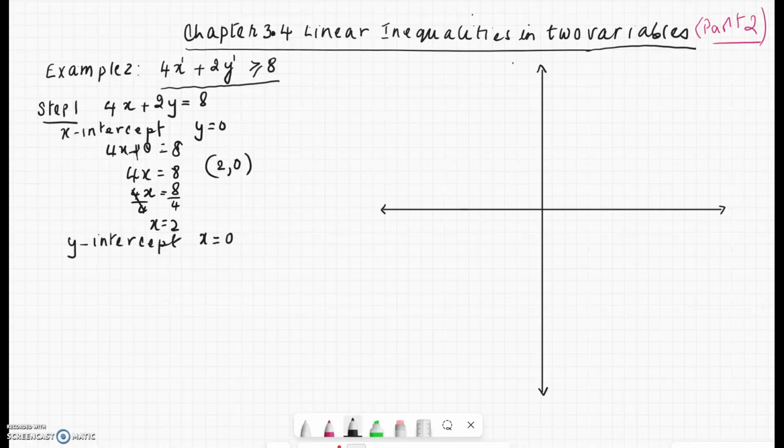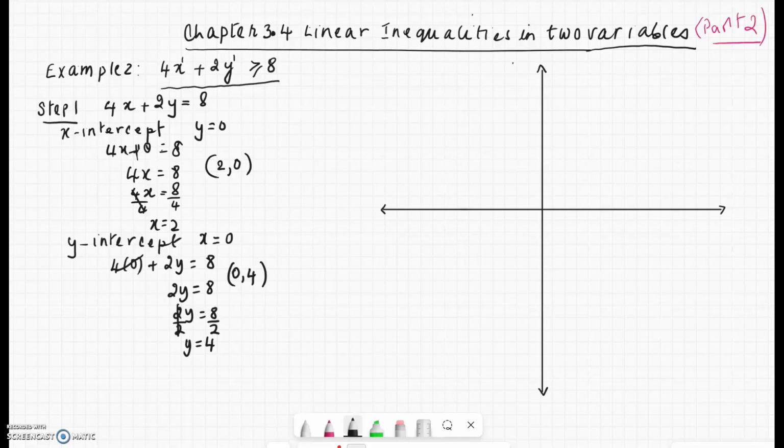So 4 times 0, plus 2y equals 8. This becomes 0, so that's 2y equals 8. Dividing both sides by 2, y equals 4. So the point is 0, 4.